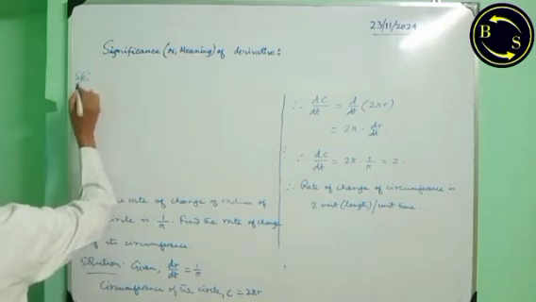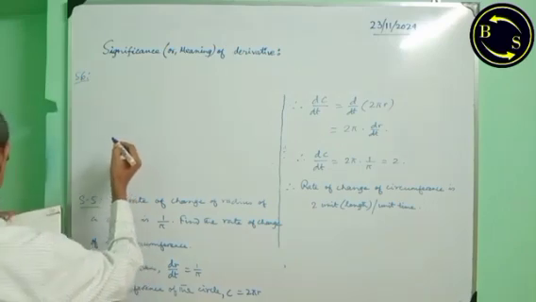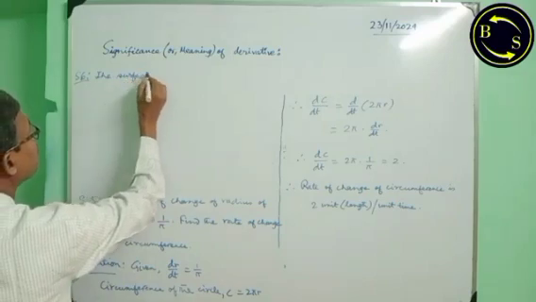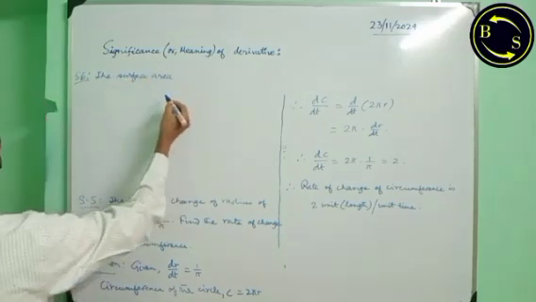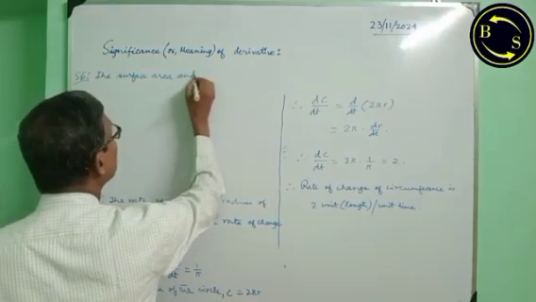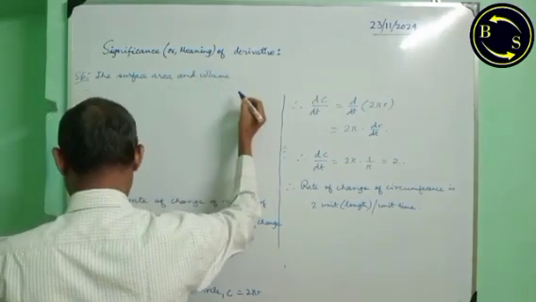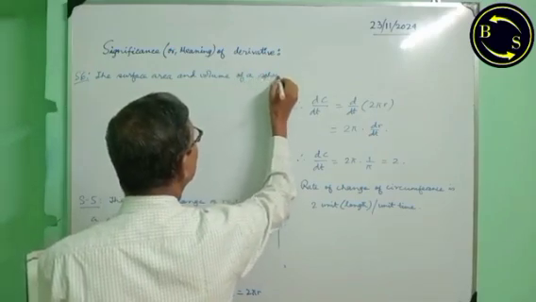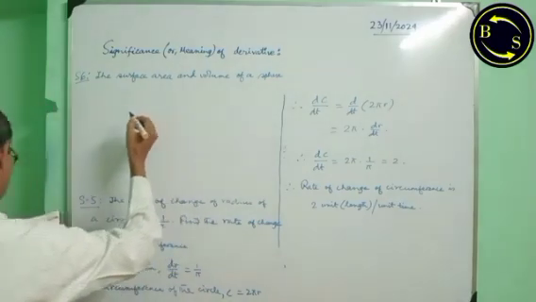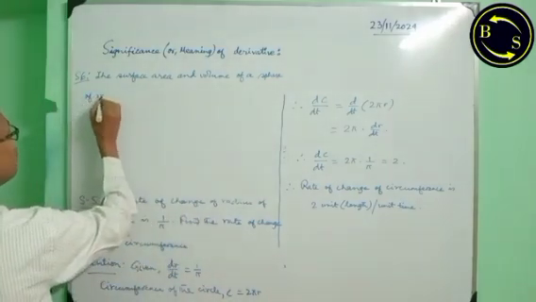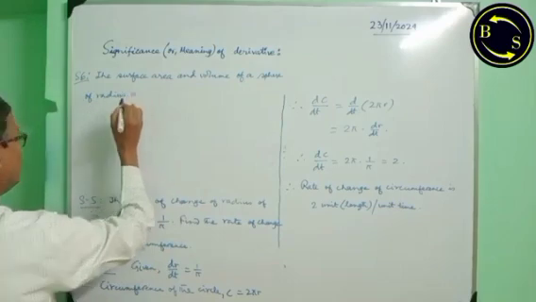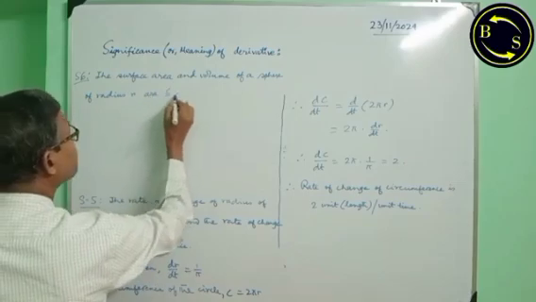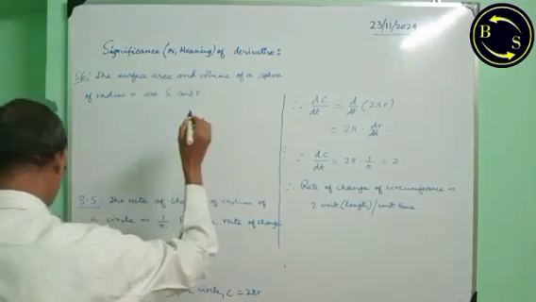Sum number 6. The surface area and volume of a sphere of radius r are S and V respectively.